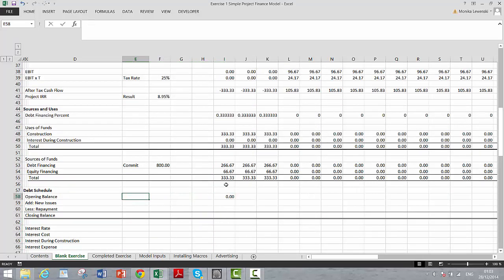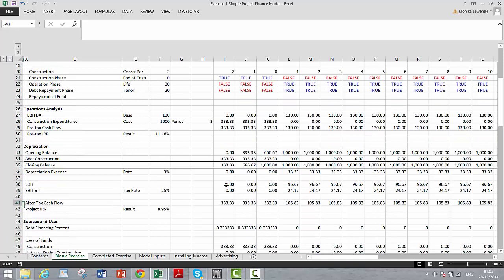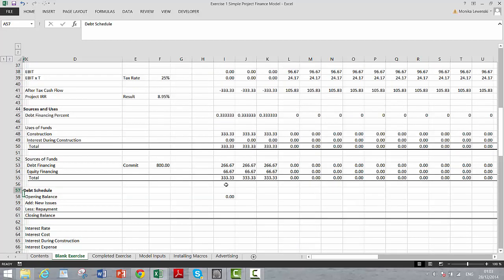Now, the most important part of this exercise is to start with EBITDA and CapEx, go from that down to depreciation, and go from that down to the financing.